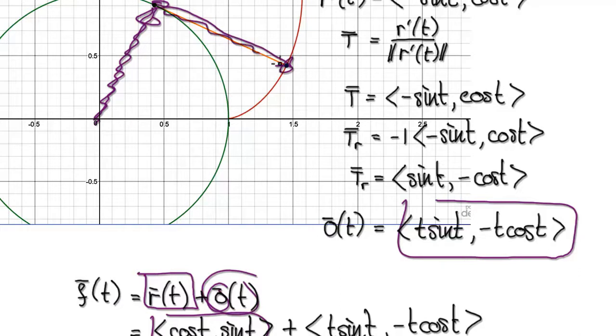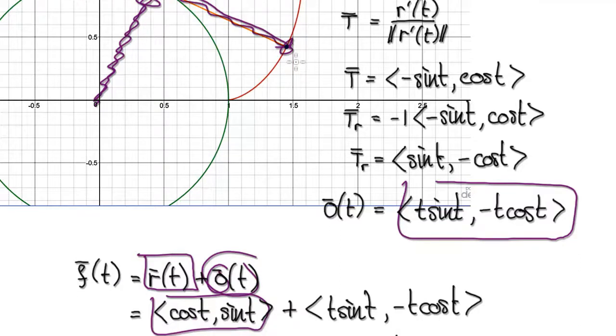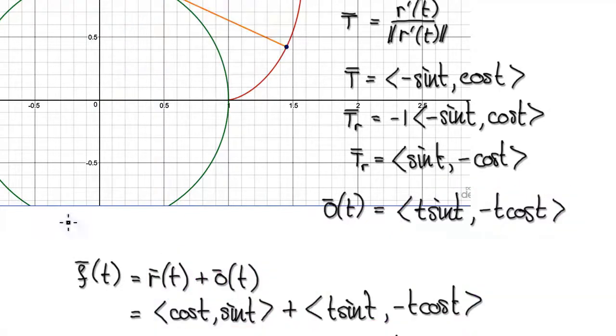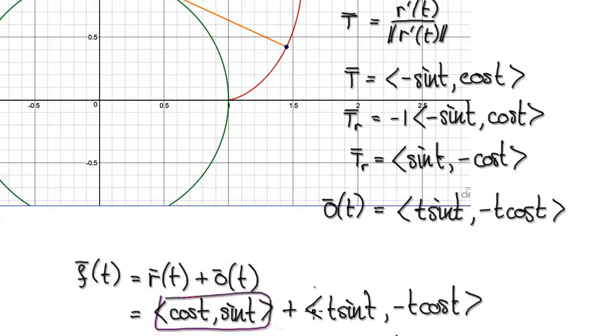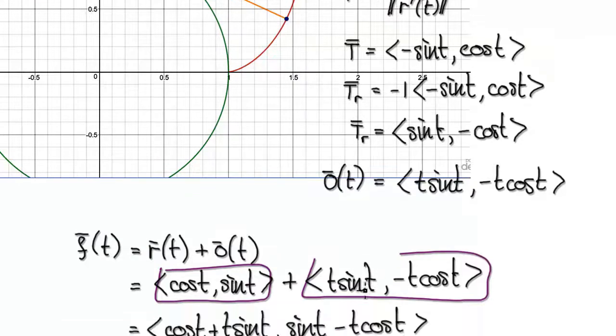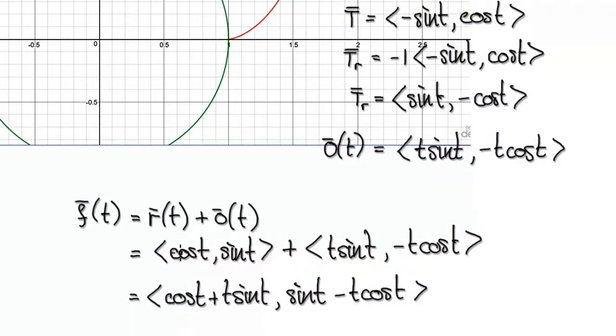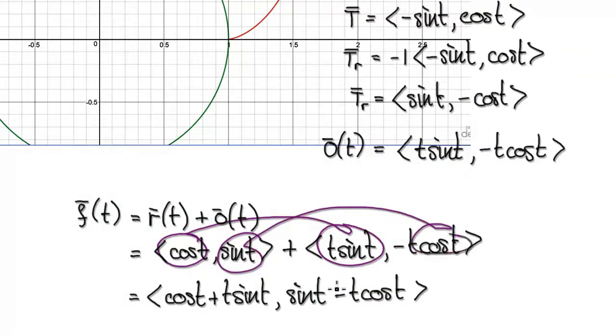Our final vector is given by this plus this. So your final answer is, if you get the x component added to this, and then this added to this, that will then give you this.